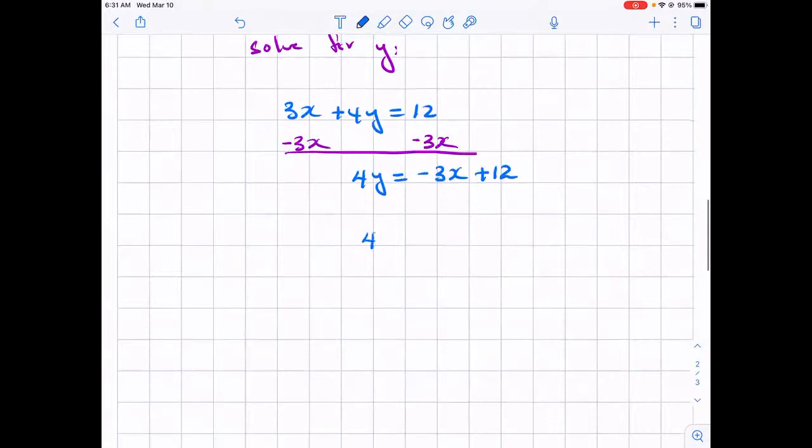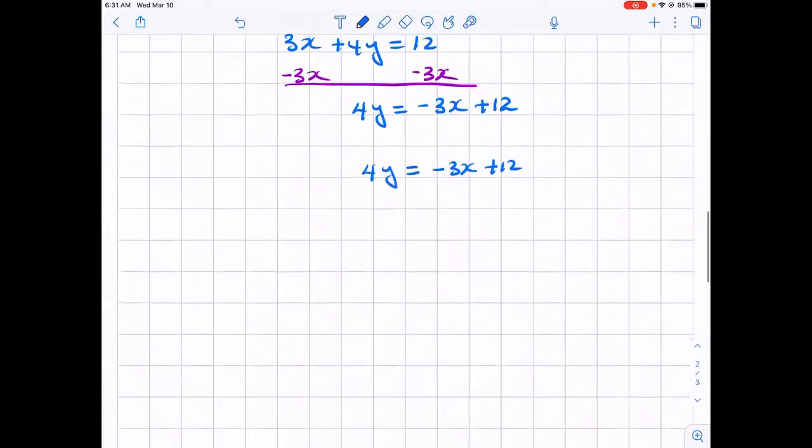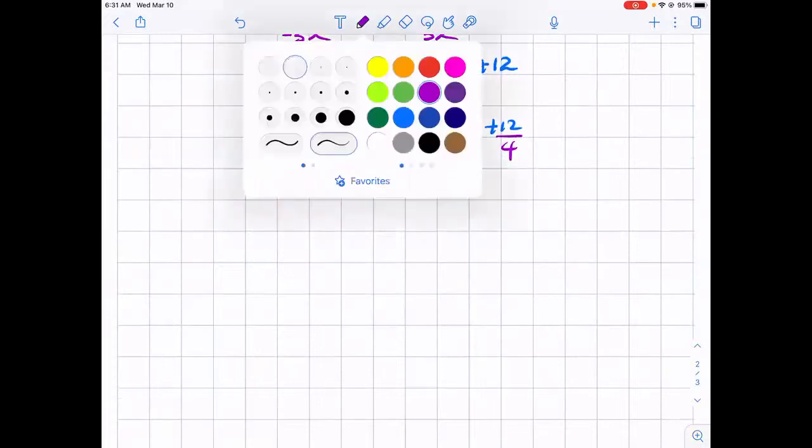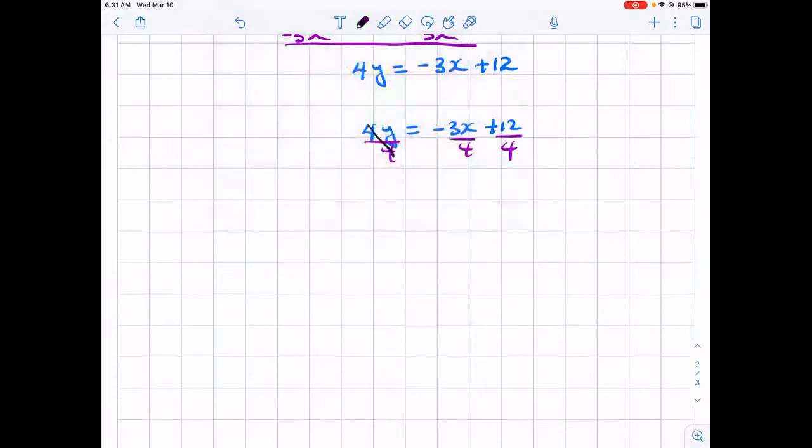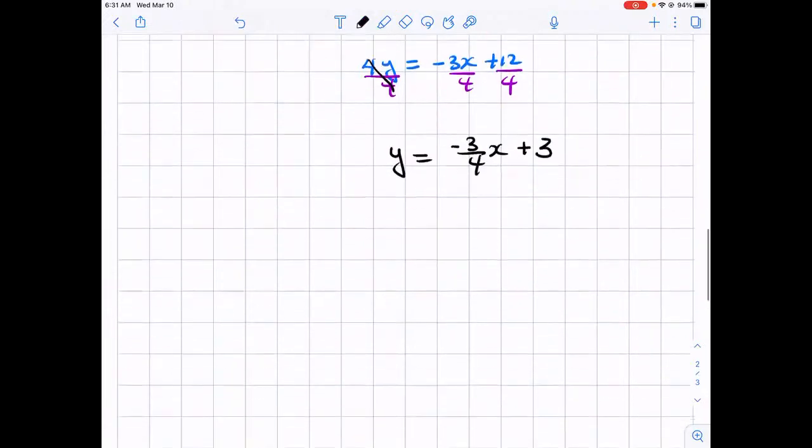And then to get y by itself, we will divide each term by 4. Okay, and if I do that, I will have y equals negative 3/4 x plus 3.